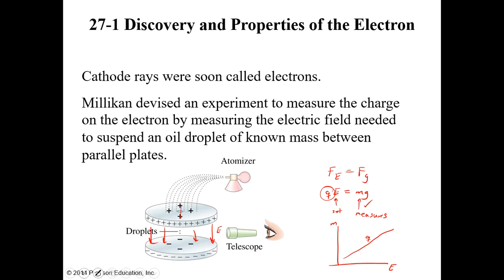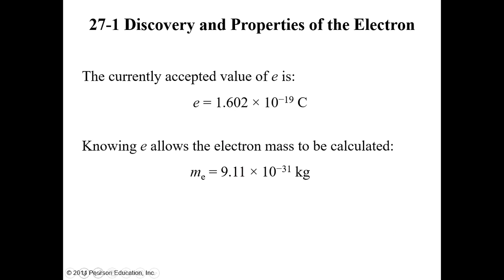Pretty cool that they could do that with oil droplets suspended in an electric field. And so Millikan found that the charge of an electron was somewhere around 1.5 times 10 to the minus 19th coulombs. We know now it's 1.602. We've got a more accurate number today. And then knowing that, we could use that ratio to find the mass of an electron, which is 9.11 times 10 to the minus 31st kilograms.